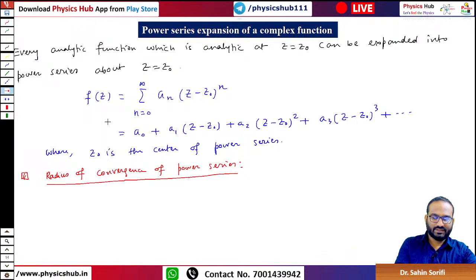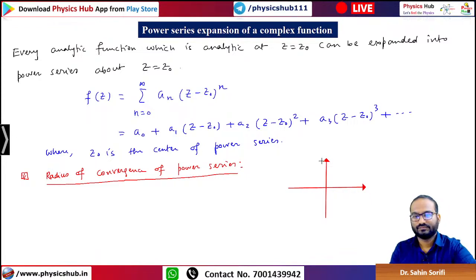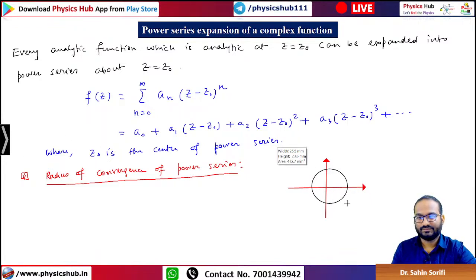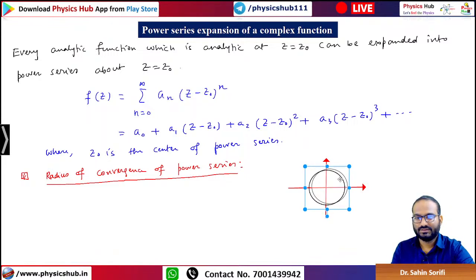So let us consider a circle about z equals z0.